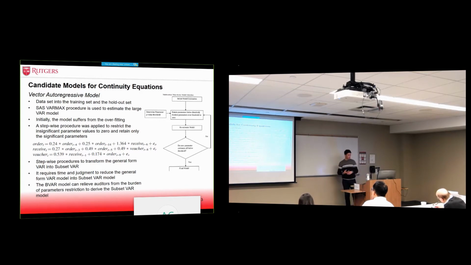And what they proposed is to use a Bayesian VAR model, which may come in handy for auditors, and for comparison purposes, they also include this VAR model in the comparison table.